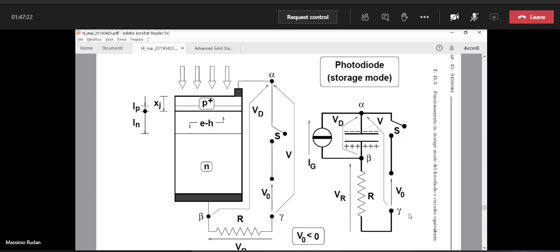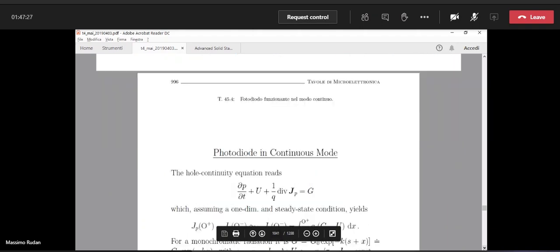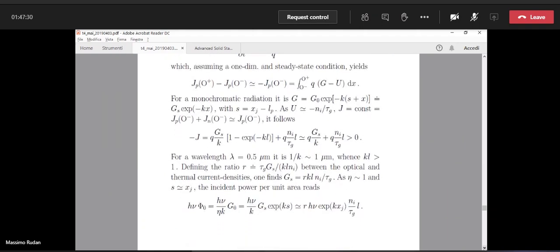So we account for this loss of photons by this factor exponential of minus Ks, in which s is equal to the junction depth minus Lp. Then the coefficient G0 times exponential of minus Ks is called Gs. So we simply modify the constant in the expression.